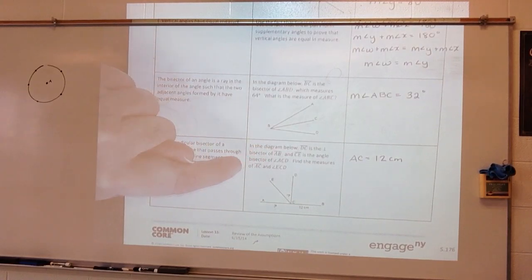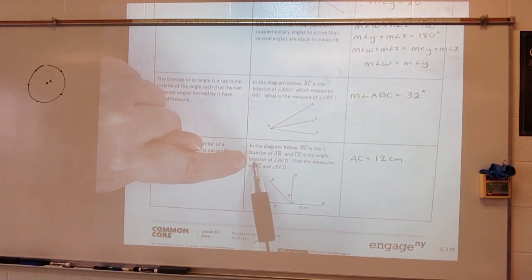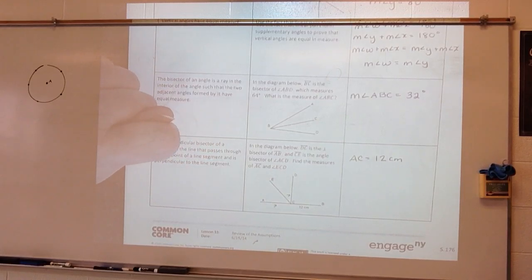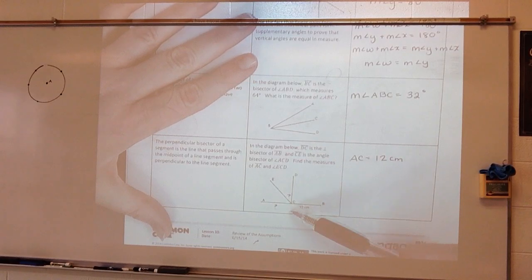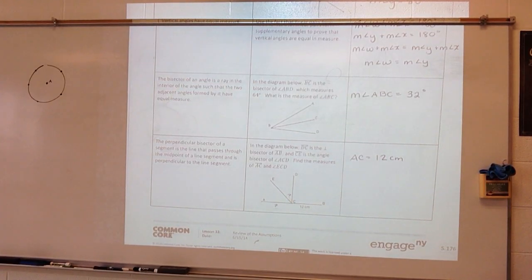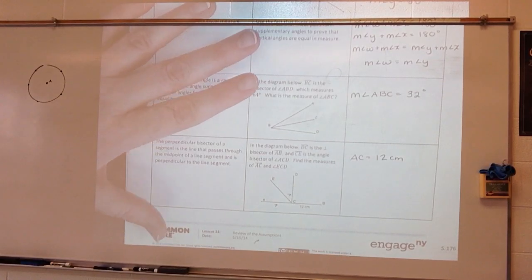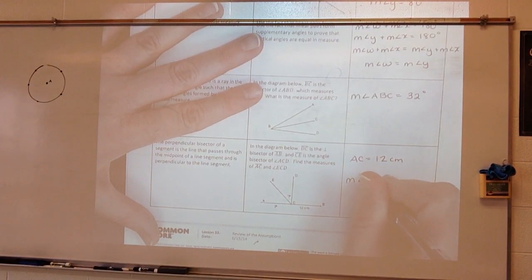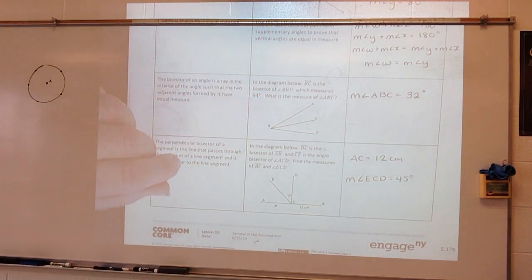It also tells me that CE is the angle bisector, meaning it's going to divide my angle into two equal parts. If this is a perpendicular bisector, that means this is a right angle. So half of 90 degrees would be 45. So the measure of angle ECD is 45 degrees.